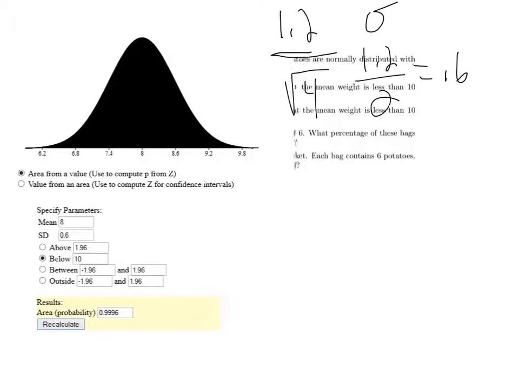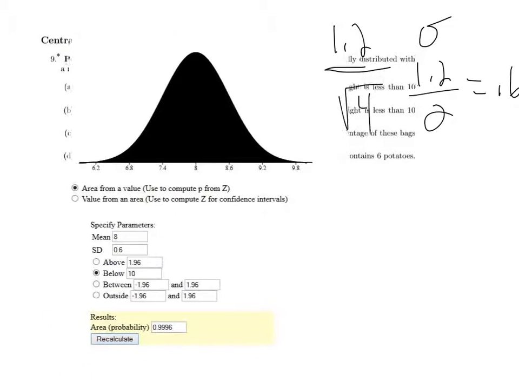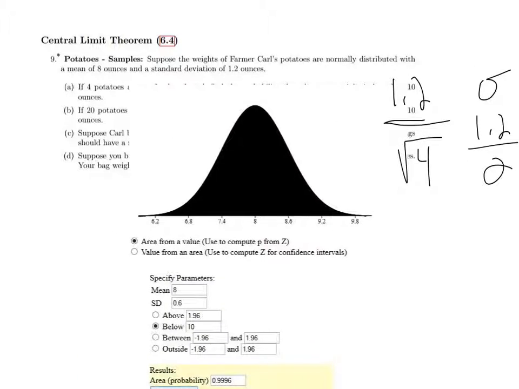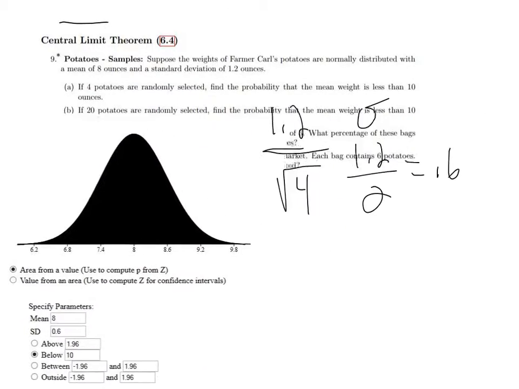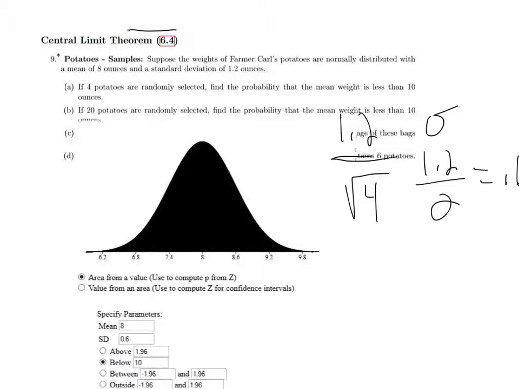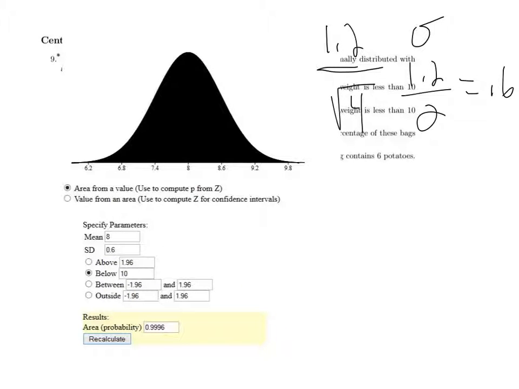Here's what I did. They're asking, if the mean is 8 and the new standard deviation is 0.6, what's the probability of getting a potato that weighs less than 10? So I put in 8, I put in my new standard deviation, and I want to know below 10, and practically all of them are.